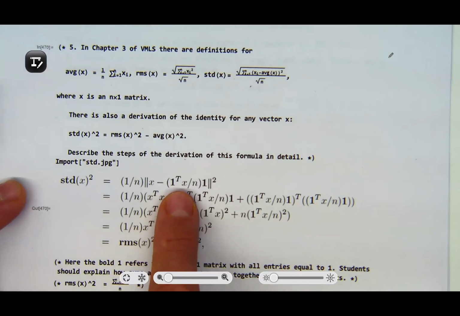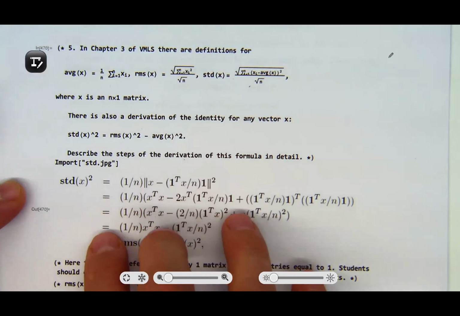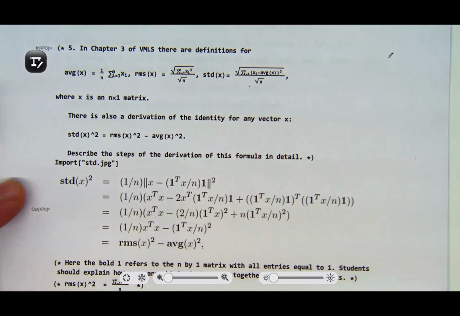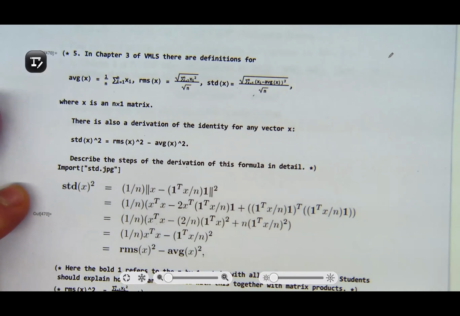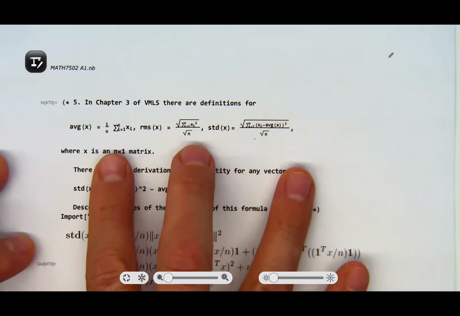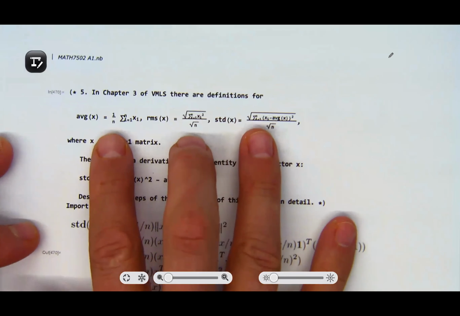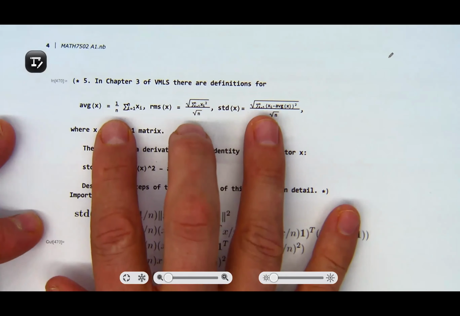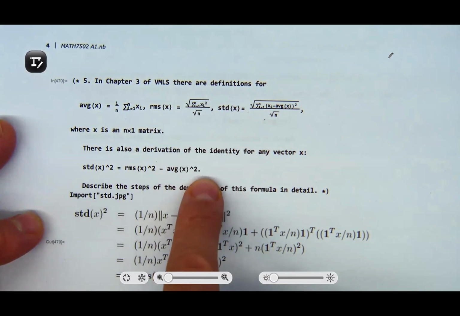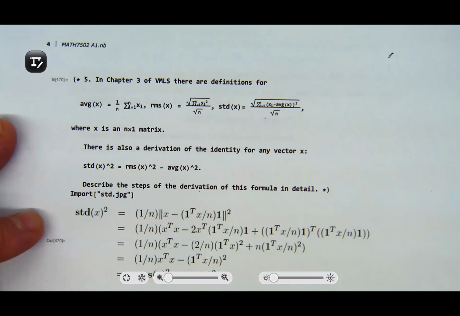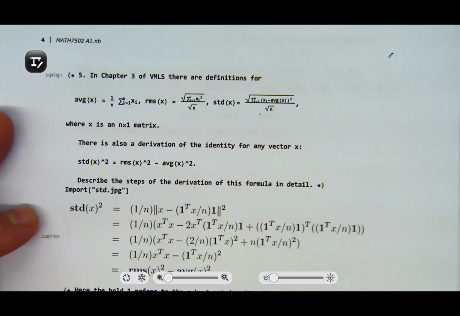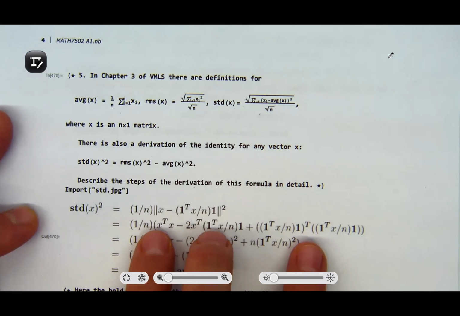I'm not going to talk about every line of this, but I suggest you do this in 2 ways. Take the definitions up here, which involve sums, and do the calculation showing that these 2 are equal using sums. In that way, I think it's straightforward. Your task then is to relate your proof involving sums to the proof here that involves matrices or vectors.